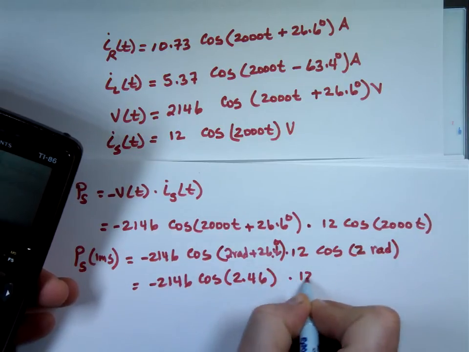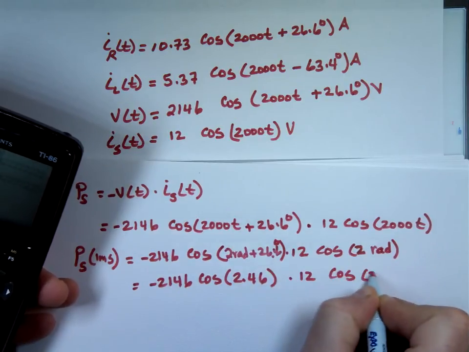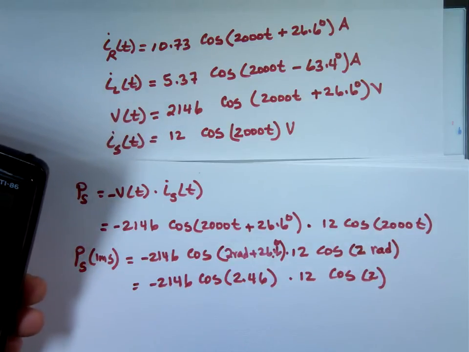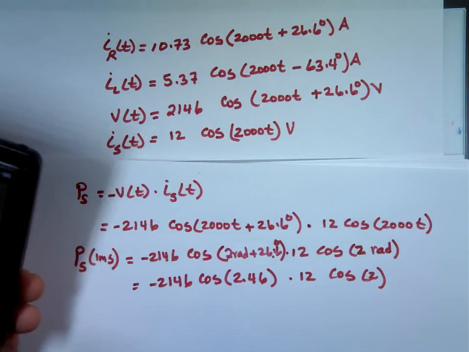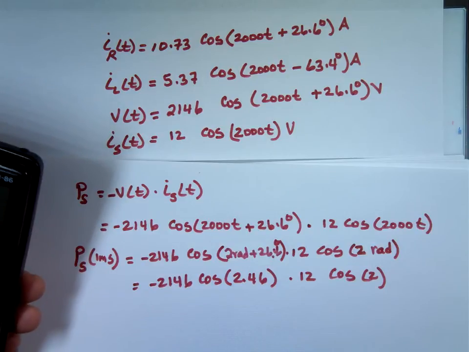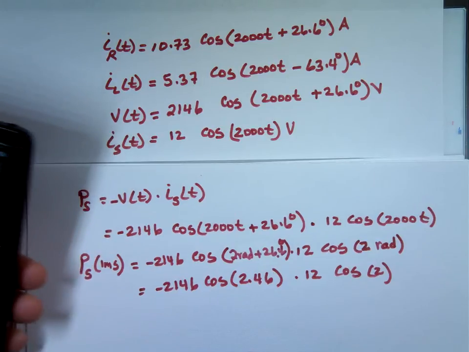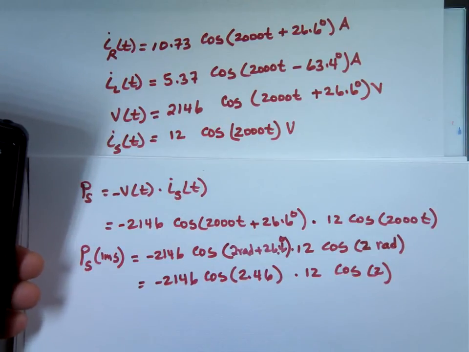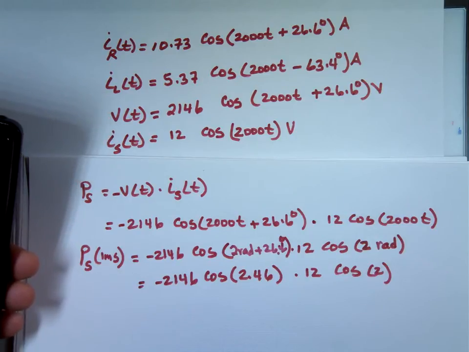Times 12 cosine 2. Let's switch the calculator to radian mode. Where's mode on this one? Mode. There we go. Let's go to radian. So this will be negative 2146 times the cosine of 2.46 times the 12 times the cosine of 2.